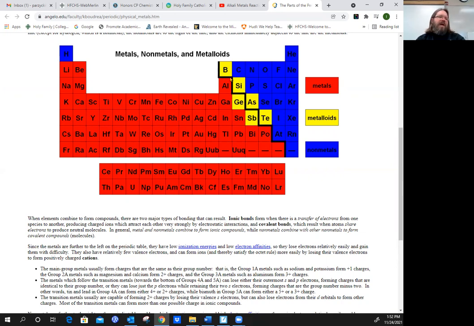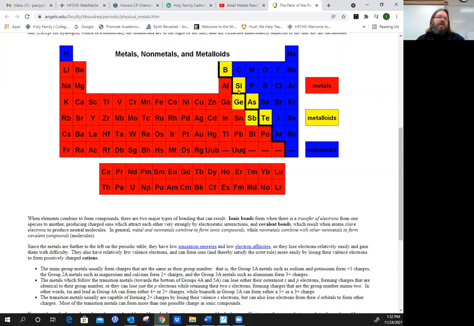But this line separates the metals, which are in red, and the non-metals in blue: metals on the left side, non-metals on the right side. And then right along the border, you'll notice a bunch of elements called metalloids, sometimes called the semi-metals. Metals have certain characteristics, non-metals have certain characteristics, and metalloids have characteristics that are shared between the two.